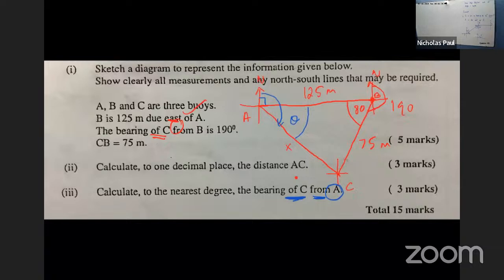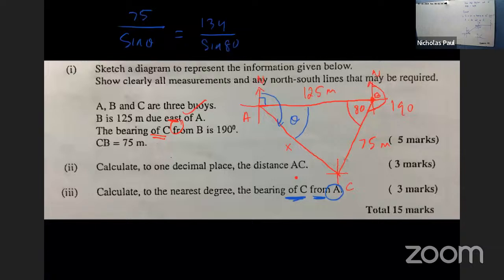Right? Just to make sure you did it correctly. It will be 75 over sine theta is equal to x. X is what we just found again, 134. X is 134 all over sine of the opposite angle, sine 80.